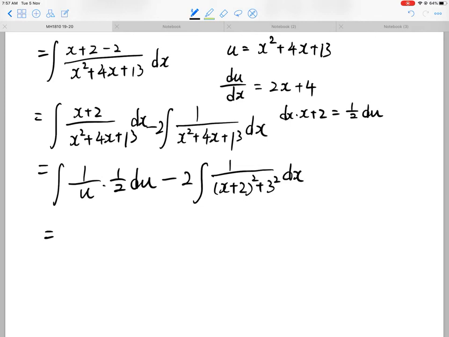Right. So this part is half log absolute value of u. And this part you can apply the formula again.